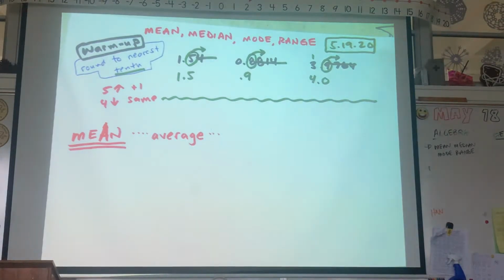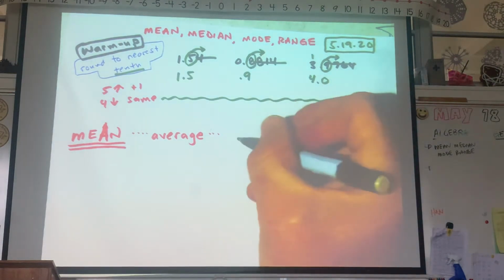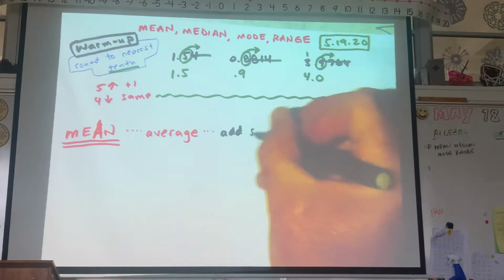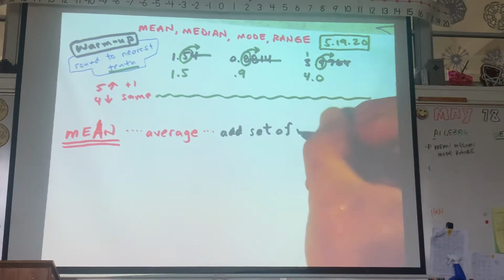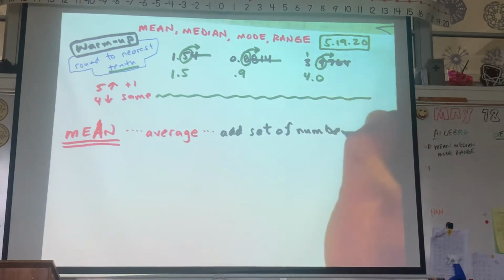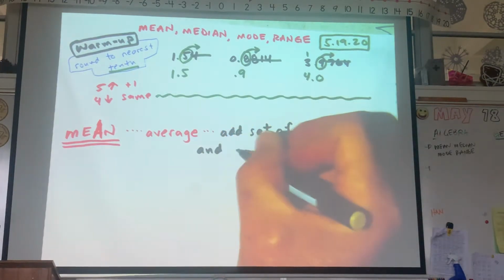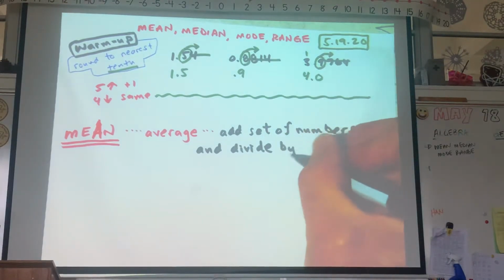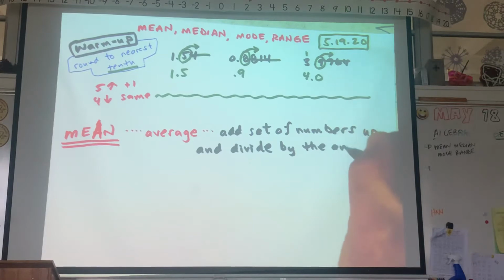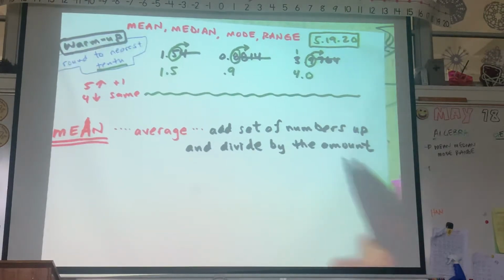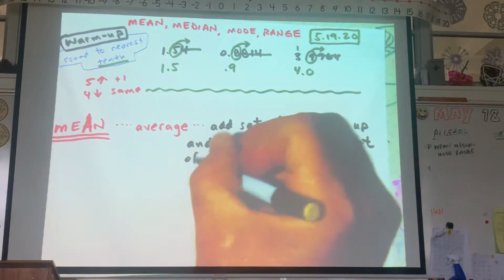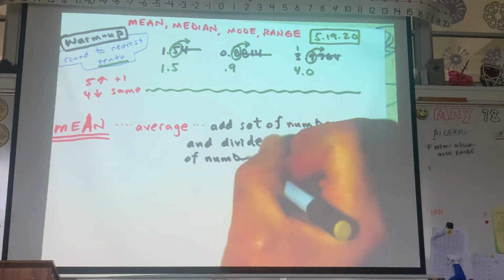And how you find the average of something is you add a set of numbers up and divide by the amount of numbers, including if there is a 0.